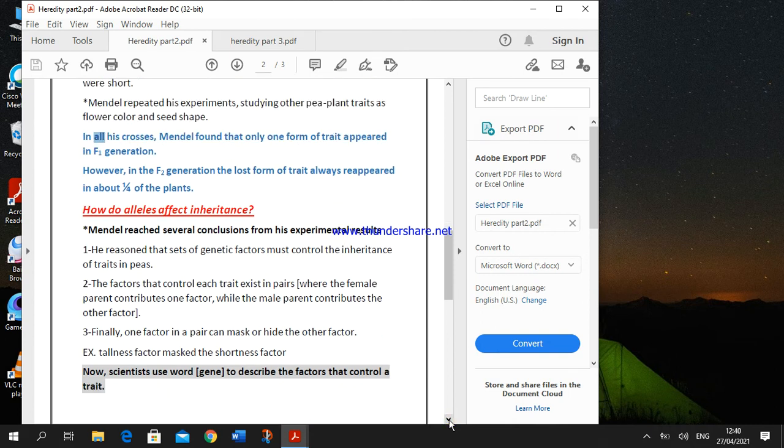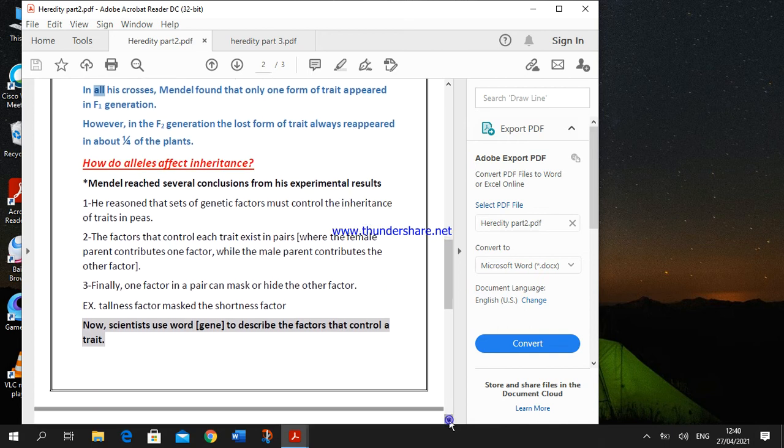He reasoned that sets of genetic factors are responsible for inheritance of traits in pea plants. The factors that control each trait exist in pairs, where one factor is received from the female parent, while the other factor is received from the male parent.